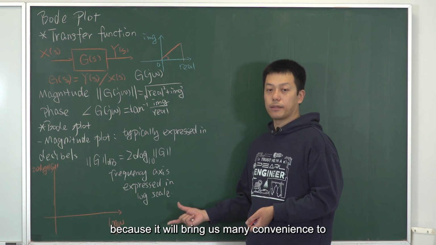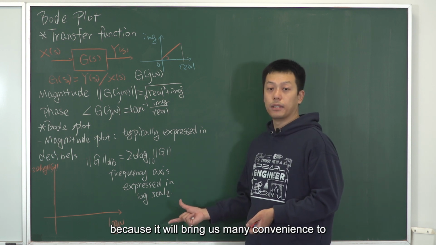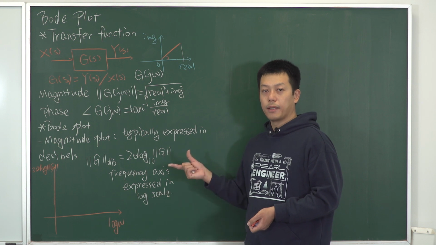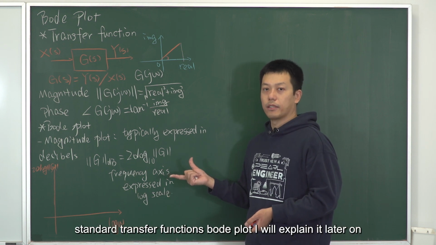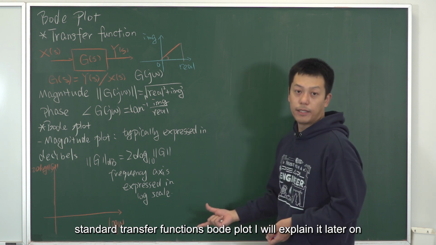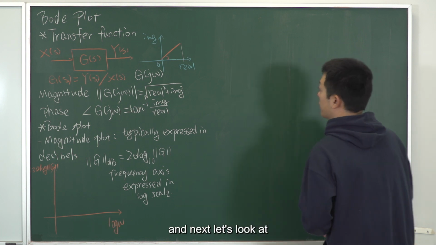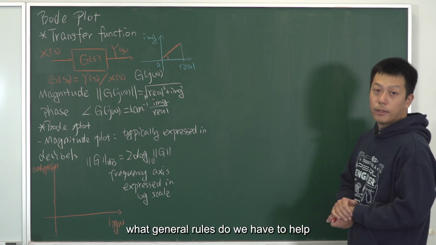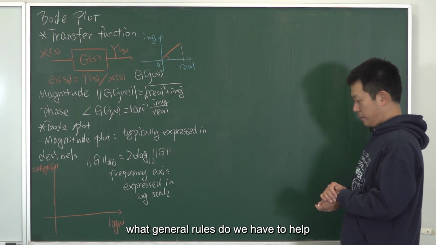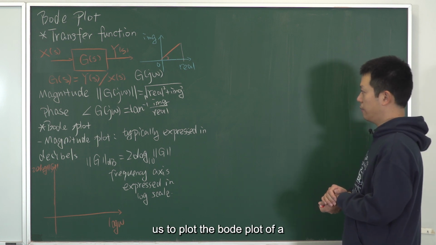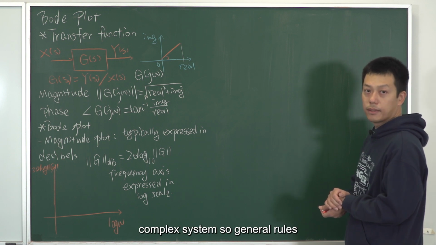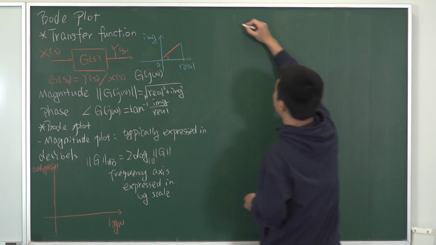It will bring us much convenience to simply plot the standard transfer function Bode plots. I will explain later on. Okay, next, let's look at what general rules we have to help us plot the Bode plot of a complex system. So, general rules.